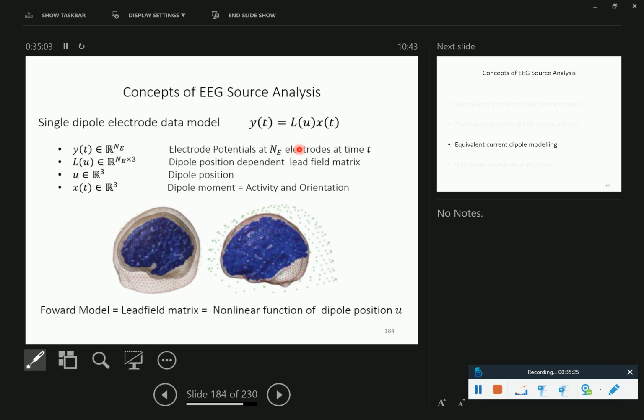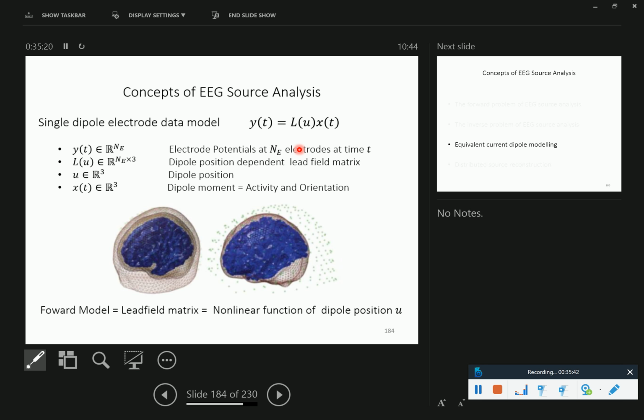Yeah. So this single dipole electrode data model, although it might be a little bit confusing because it is called dipole, is actually the same in equivalent current dipole modeling and distributed source reconstruction. Yeah. So that's completely identical.